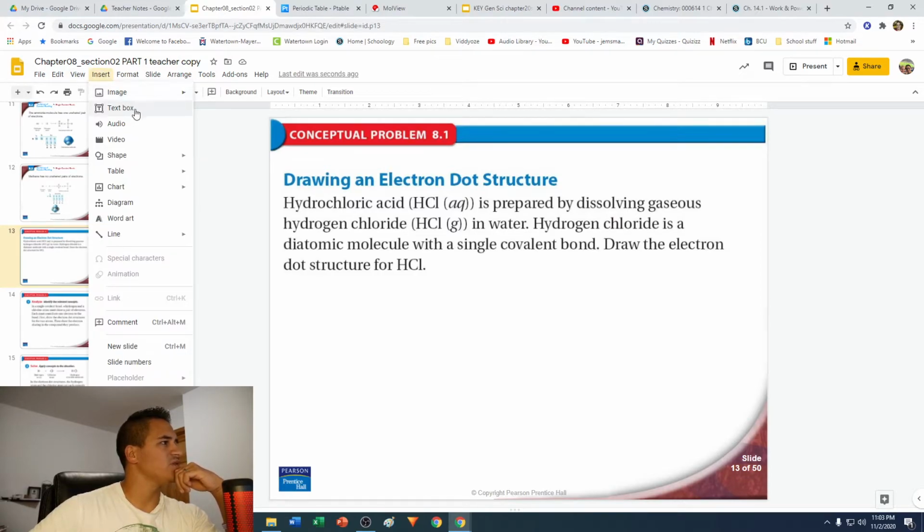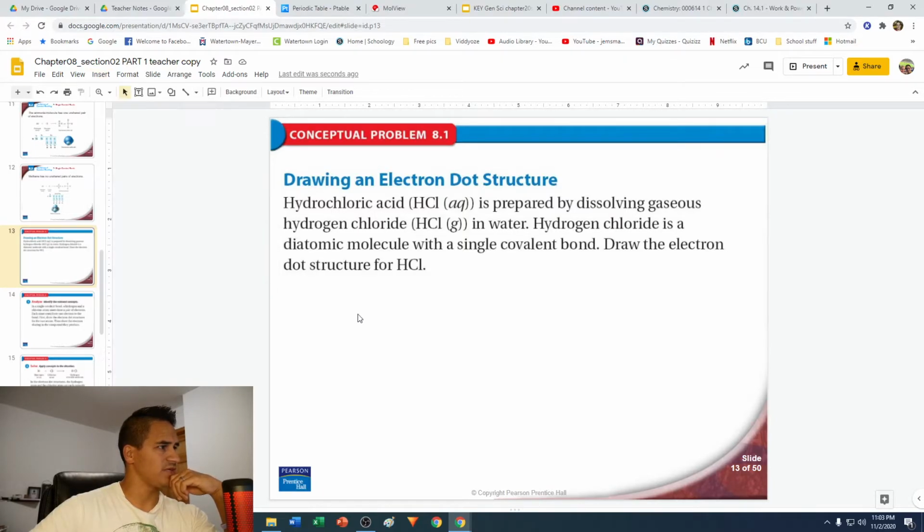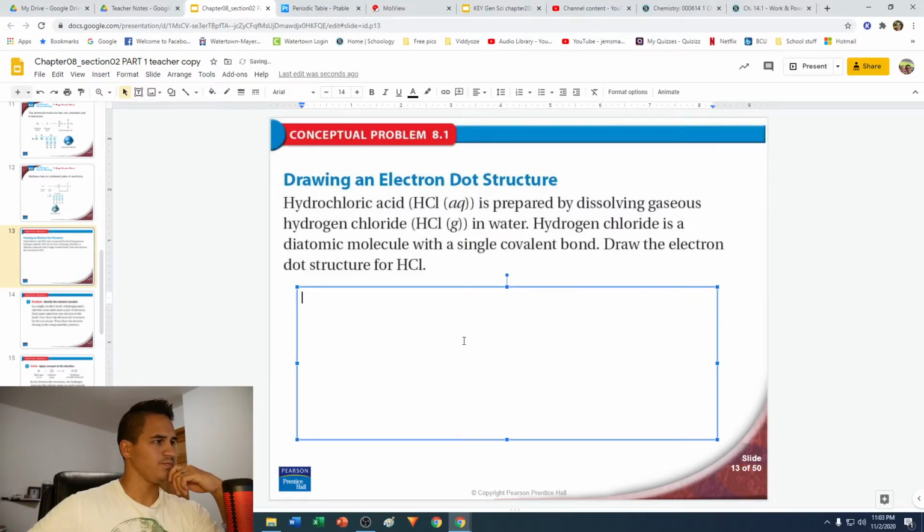Okay, so we're going to do some drawing. Let's go insert. I guess we can just insert a text box and we'll just do it this way. So let's make our text bigger, so we can actually see this a bit better. Okay, so we have H and Cl.